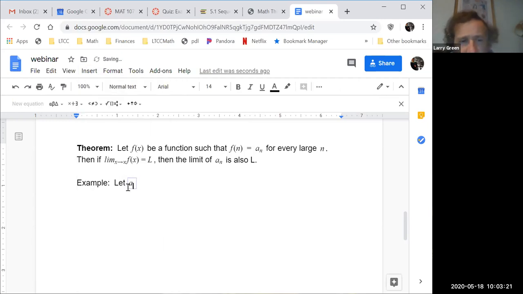Let's suppose that a sub n is equal to sine of 1 over n times n. So what is the limit of a sub n?